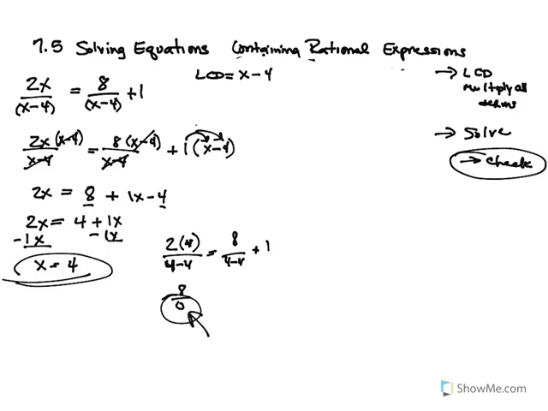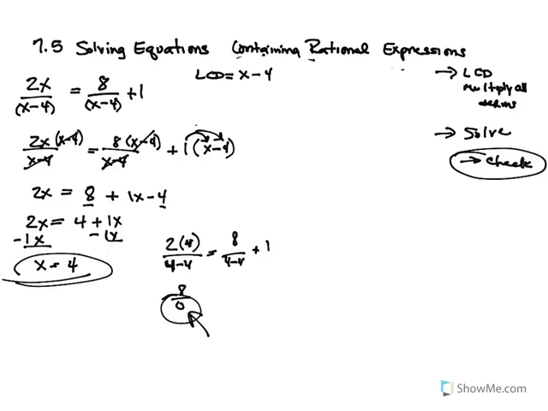Right there is where we're done. Once you see that the 4 plugs into the denominator and creates a 0, what does that mean? Based on the 7.1 information about values that make it undefined, that value cannot be included in the solution. So x can never equal 4, because if x is equal to 4, it's going to create an undefined outcome.